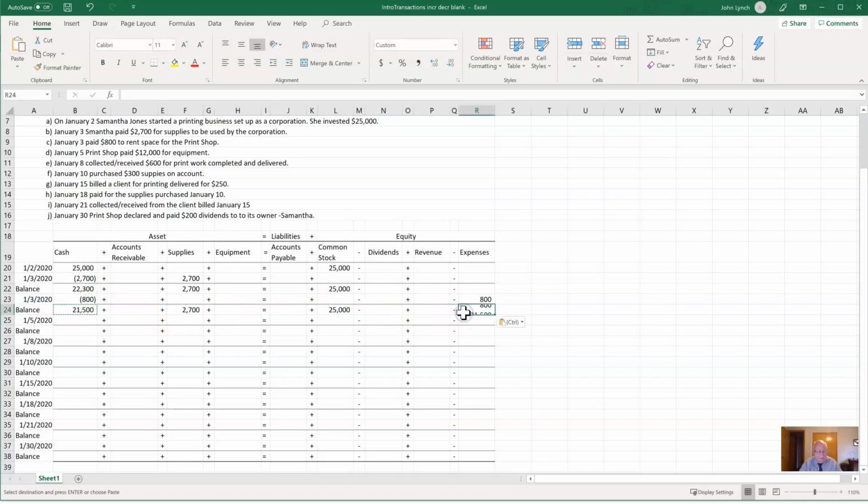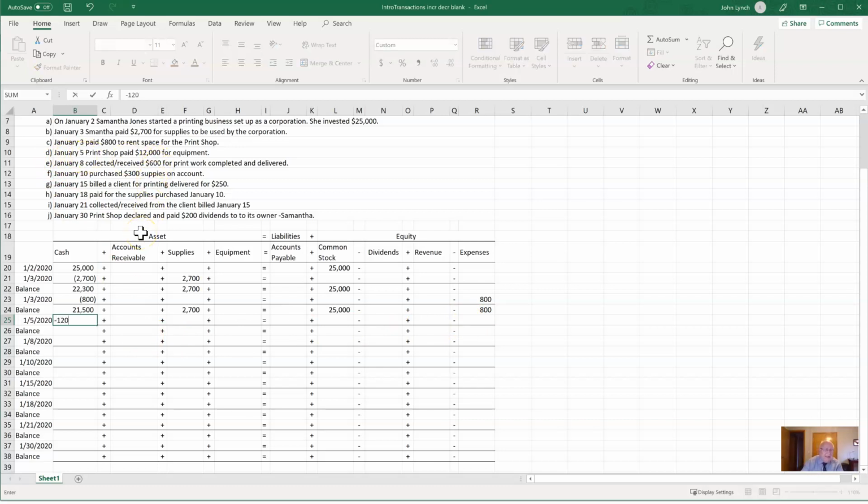Now we just have to make sure we're in balance. So we have 21,500 plus 2,700. If we add those up, that gives us 24,200. And on this side we have 25,000, but you notice that's a minus 800, so that gives us 24,200. So we're in balance.